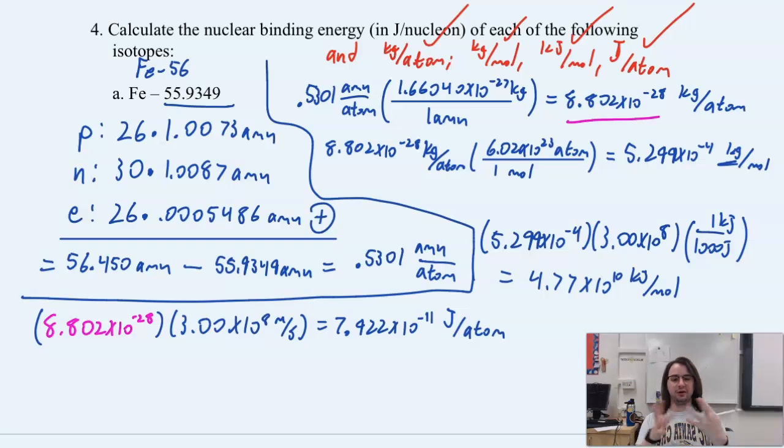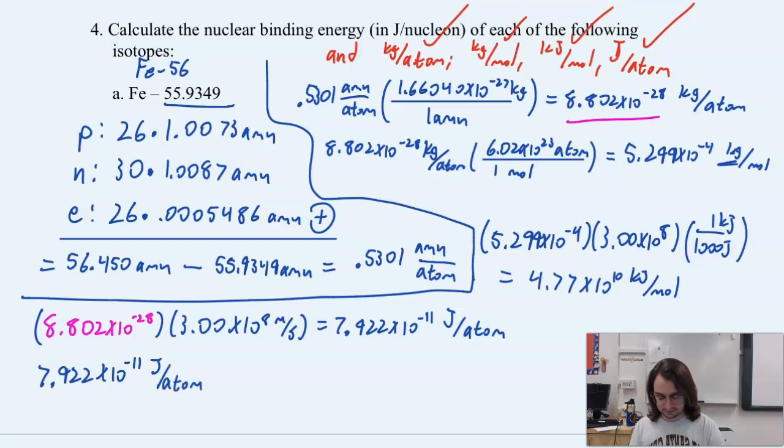Understand that I didn't have to go through all of these steps, but I'm just showing you all the different ways that we can calculate this. So we've got one more. We're going to take that joules per atom, which is 7.922 times 10 to the negative 11th, and convert this into joules per nucleon. Remember that a nucleon is just a subatomic particle.